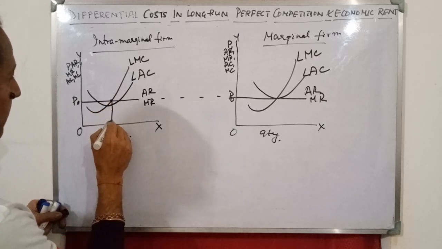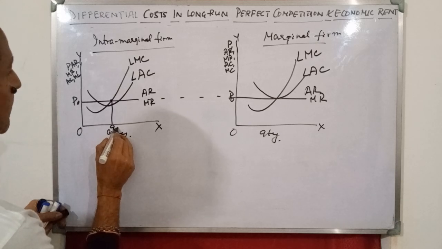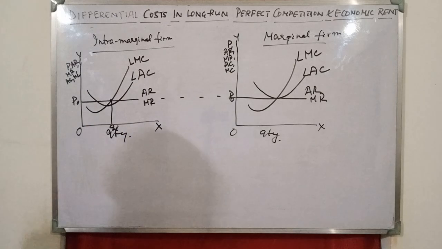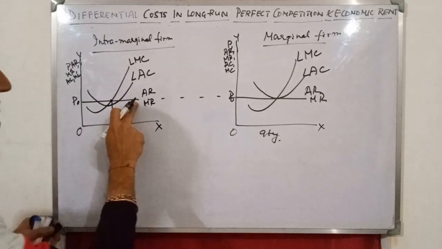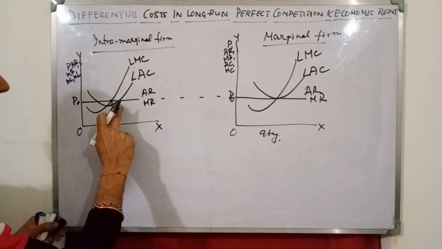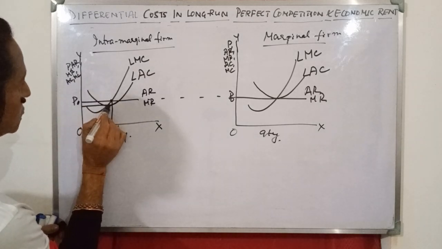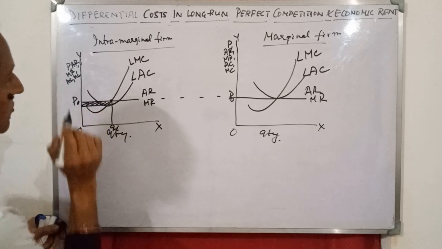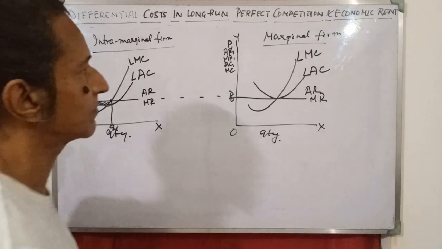So this is the equilibrium quantity, say Qi, where i stands for intra-marginal firm. Here you can see that the average revenue curve lies above the average cost curve. Hence the firm is earning supernormal profit. The area of the rectangle is the amount of profit, which is called supernormal profit.